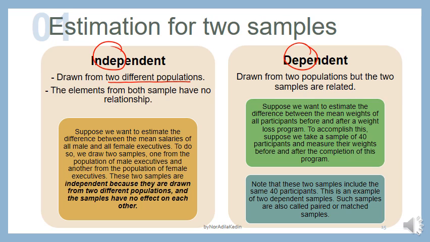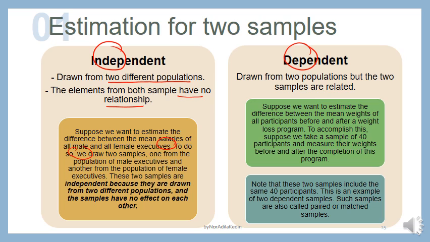You have dua sampel dan dua sampel ini setiap satunya daripada population yang berbeza. Yang kedua, the element from both sample have no relationship. Okay? Contoh, suppose we want to estimate the difference between the mean salary of all male and all female executive.